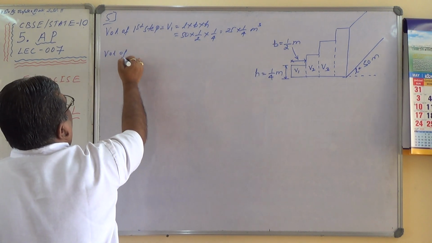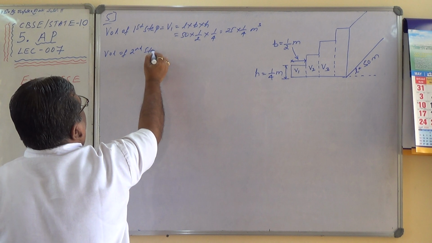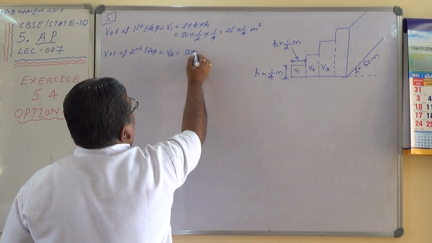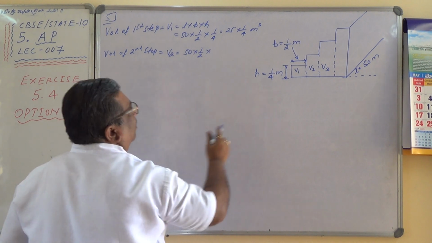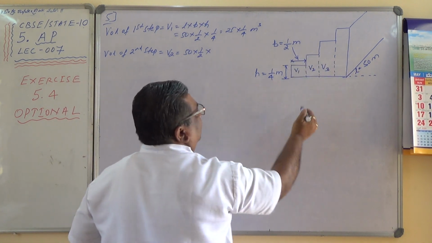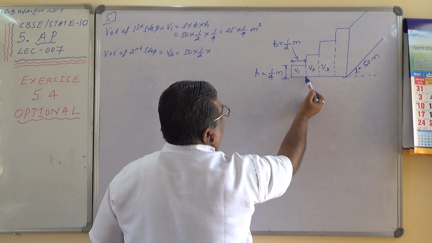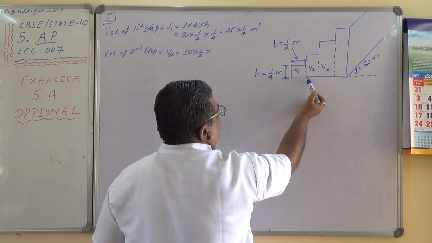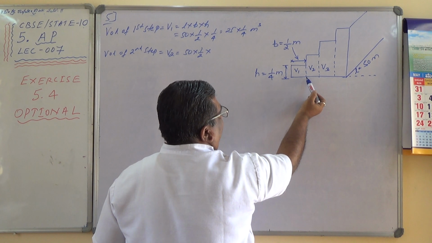Volume of second step, V2, equals 50 into 1/2 into length into breadth. Volume of this second step is, from here to here it is 1/4 plus 1/4, which is 2 times 1/4. Are you able to understand?